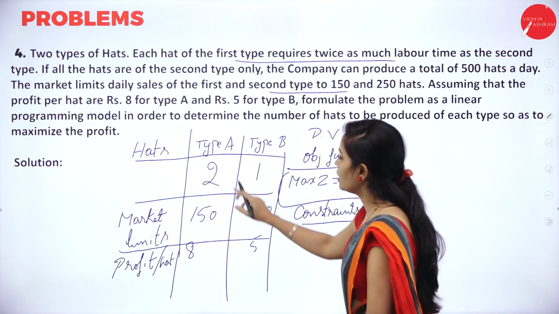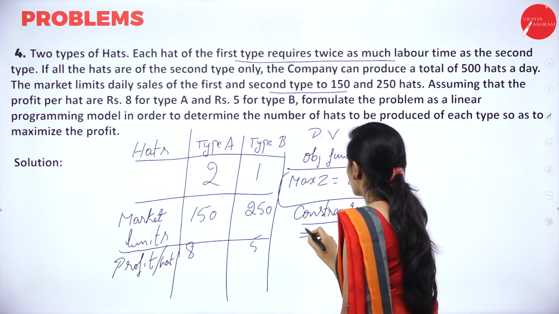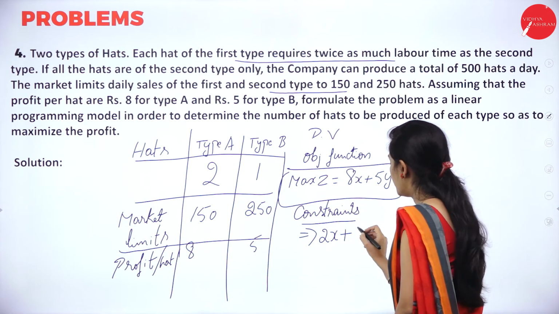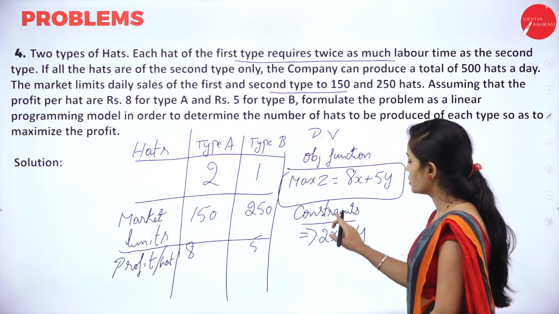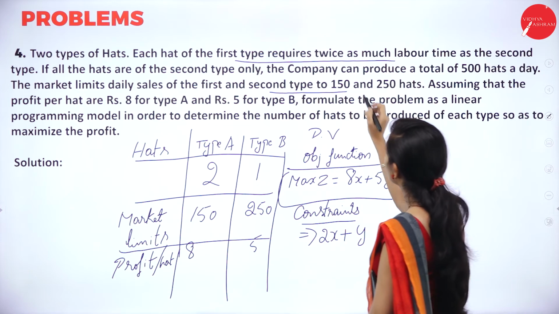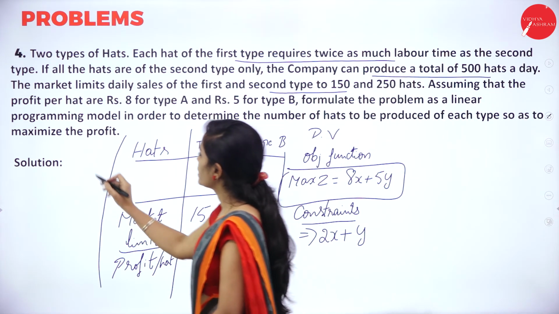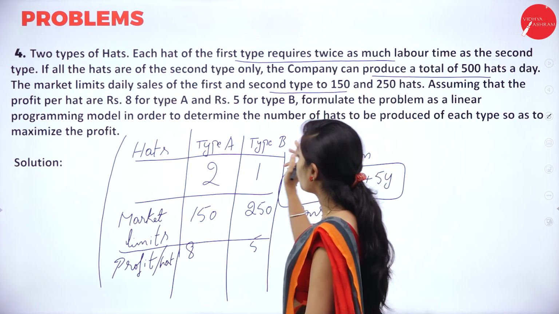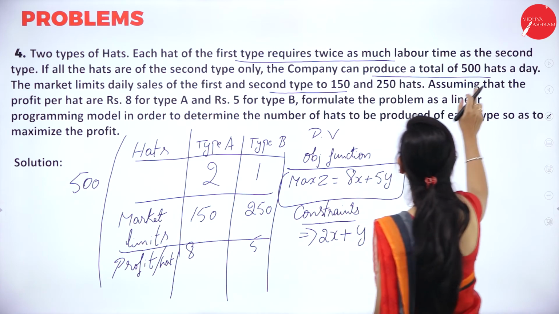So the constraint is 2x plus y. This is a constraint, and it is the availability of the product. The company can produce a total of 500 hats a day.